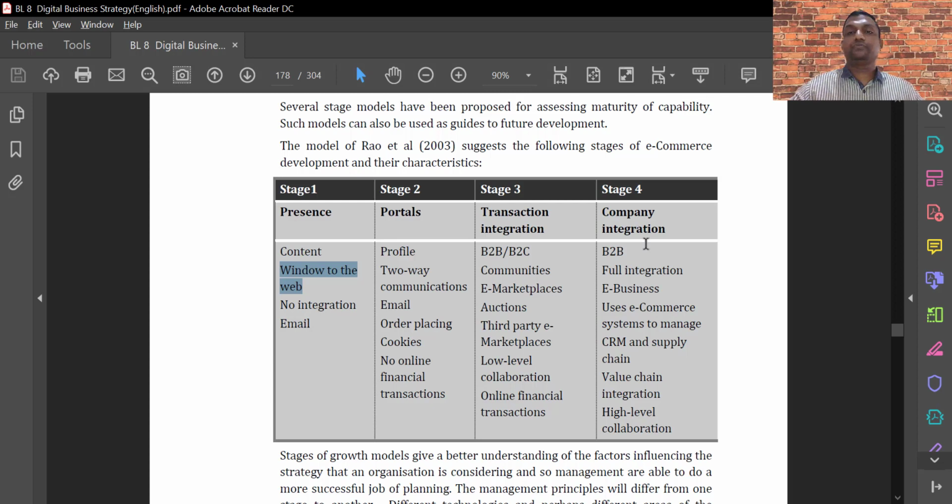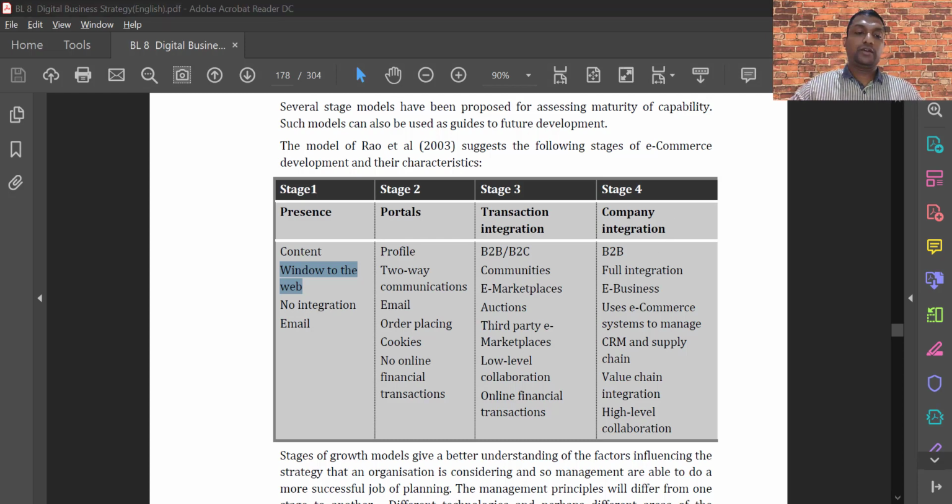Stage 4, integrate most of the features or processes in the organization into this website. Not only the payments, but also customer relationship management, supply chain, everything is fully integrated. So almost all the processes in the business are integrated into the online platform. So we call it company integration.